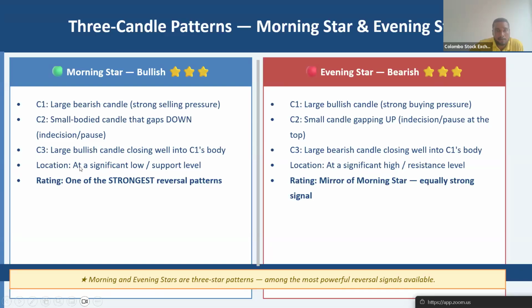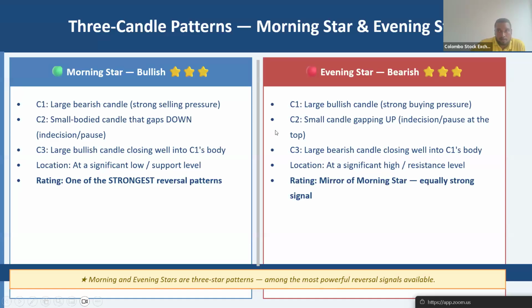And also, you have to spot these at significant price levels. That means if you can spot a morning star at a support level, that confirms it and gives us a strong signal. That is also one of the strongest reversal patterns, this morning star and evening star.